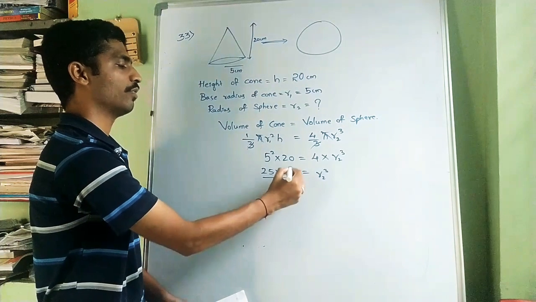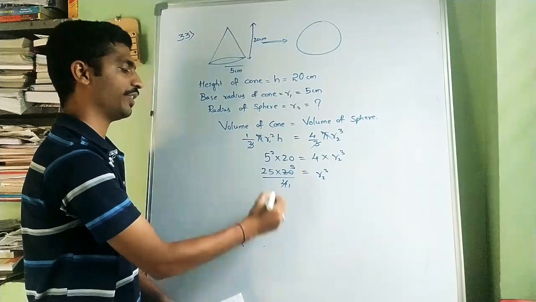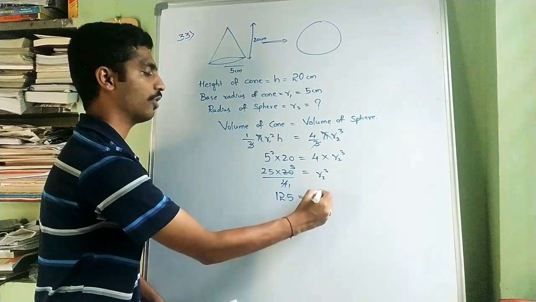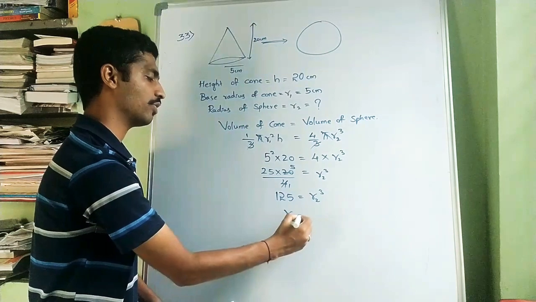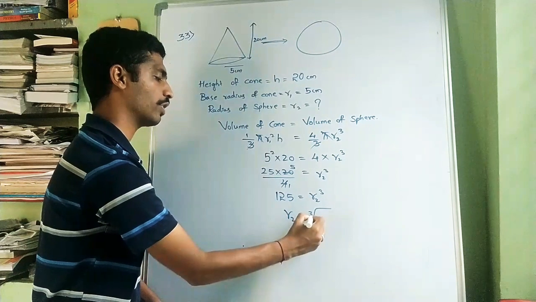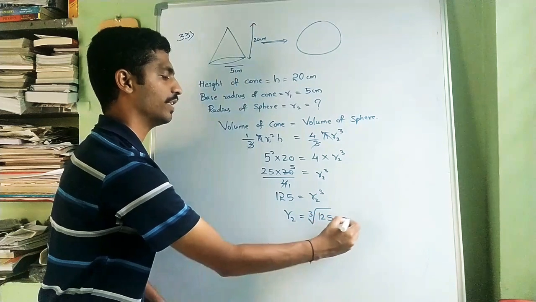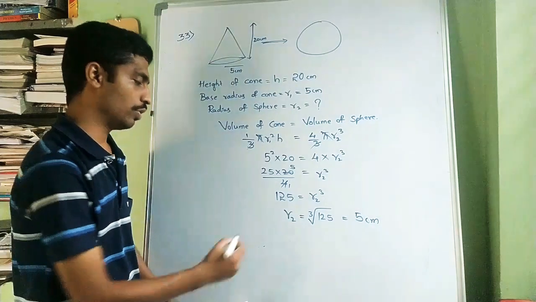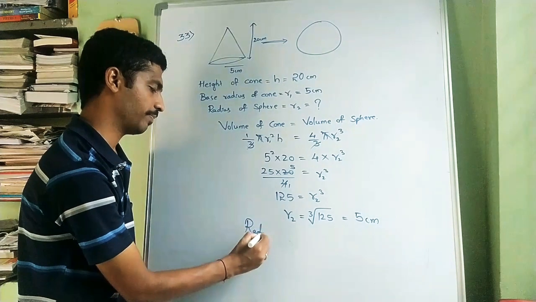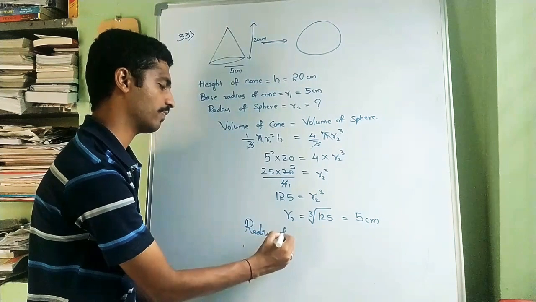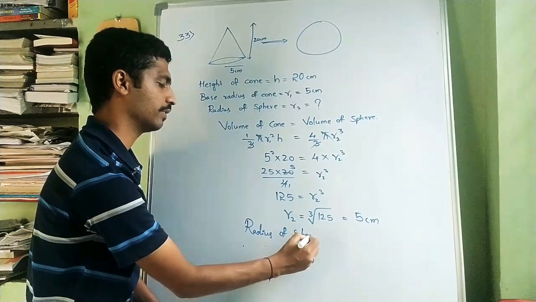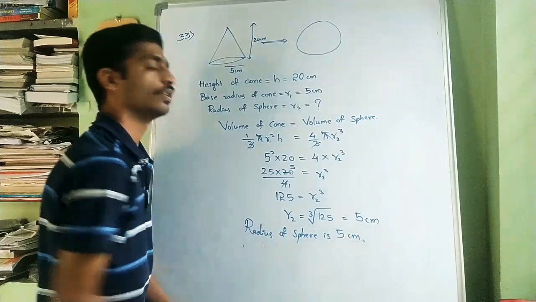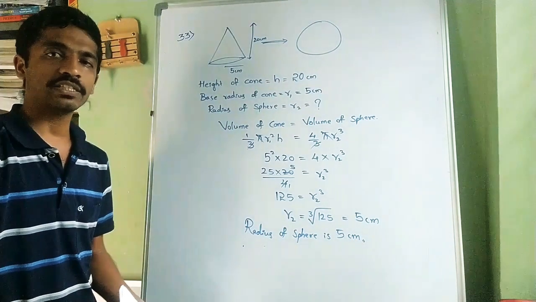So 4 fives are 20, 5 into 25, we will get here 125 equal to R2 cube. So R2 equal to cube root of 125. So here we will get 5 centimeter. So radius of sphere is 5 centimeter. Okay, so like this we have to solve.